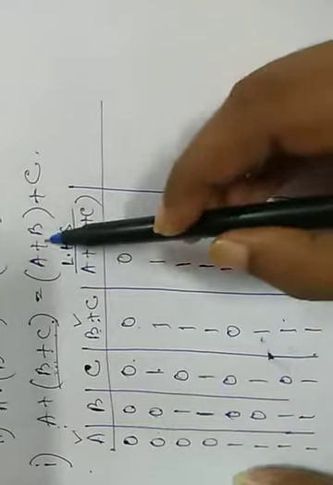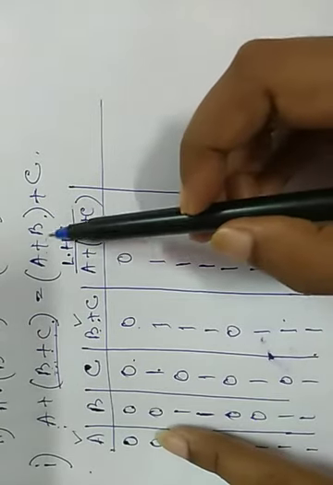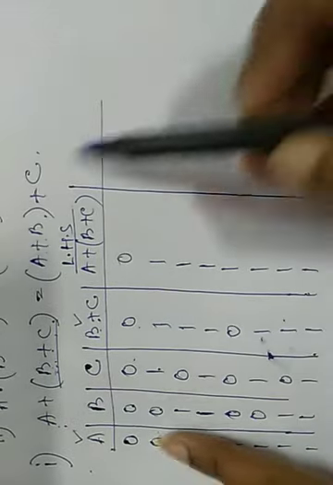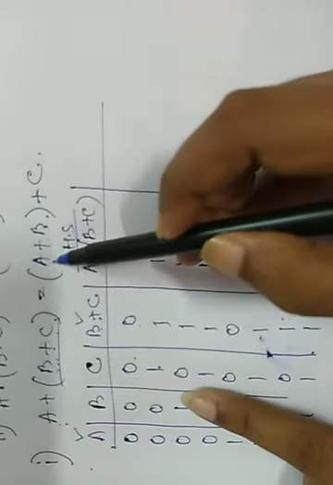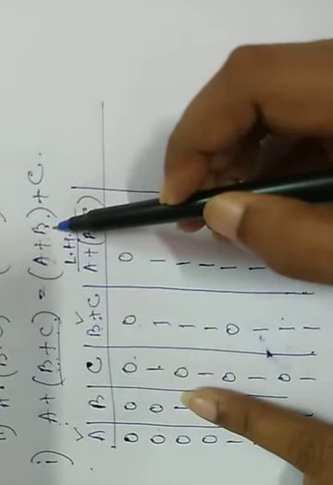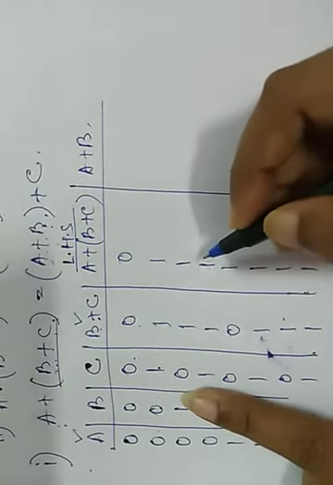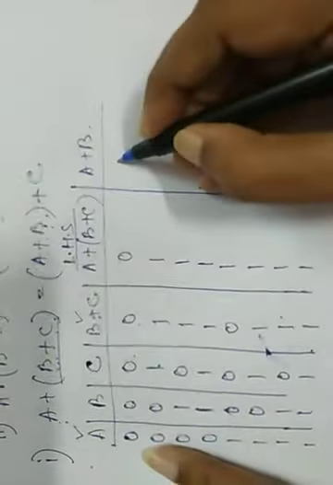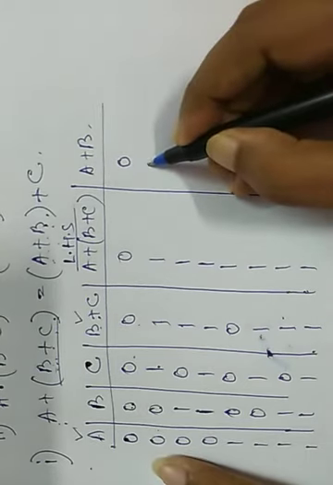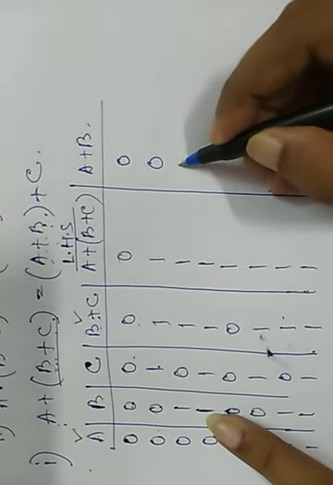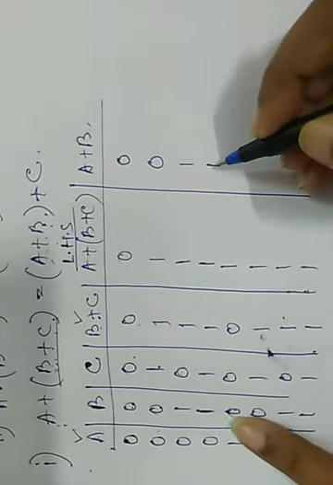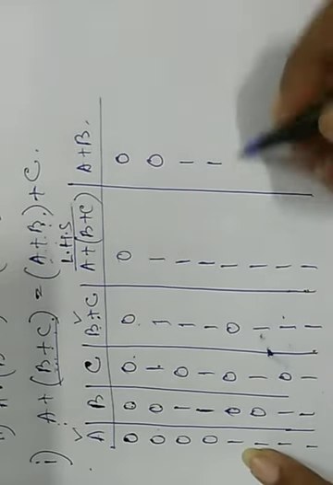For the right hand side, I am doing it in the same table. You can see that A plus B is within brackets, so we have to find A plus B first. That means 0 0 1 1, and the last ones are all 1.